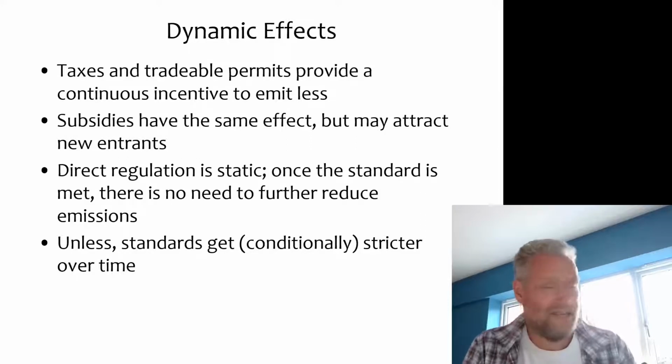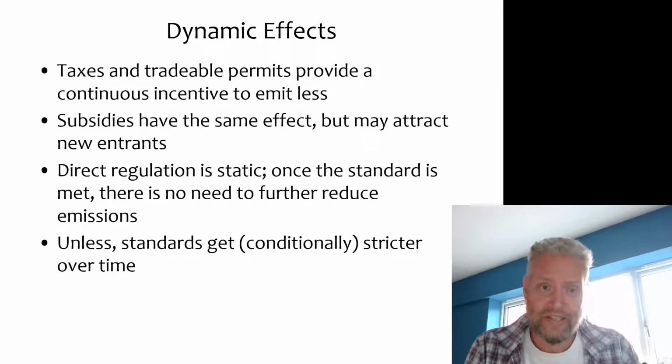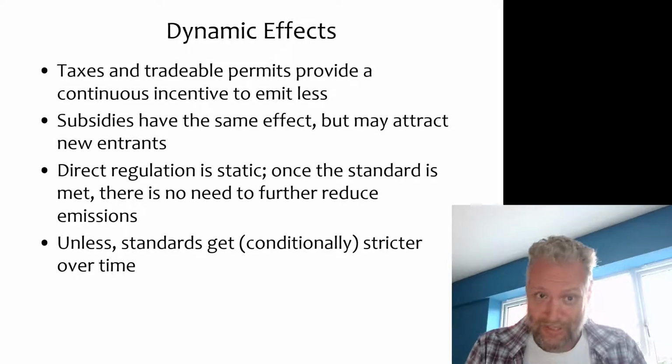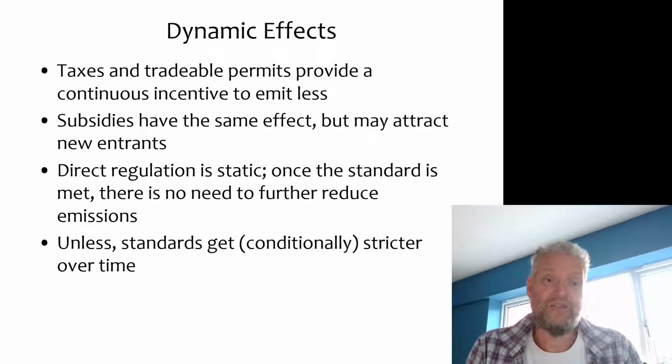Let's look at effects in the long run. A good thing about taxes and tradable permits is that you create a continuous incentive to emit less, because if you emit less, you're going to get a greater tax reduction.